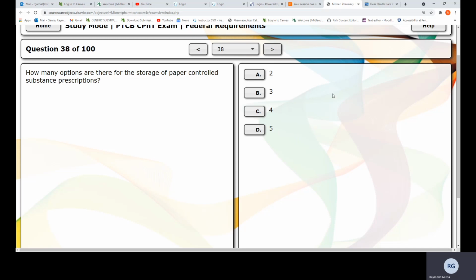How many options are there for the storage of paper controlled substance prescriptions?